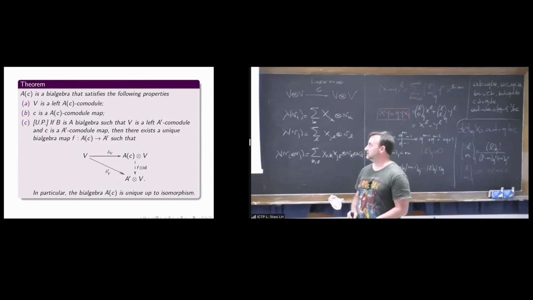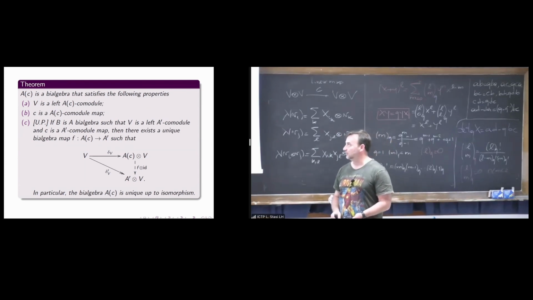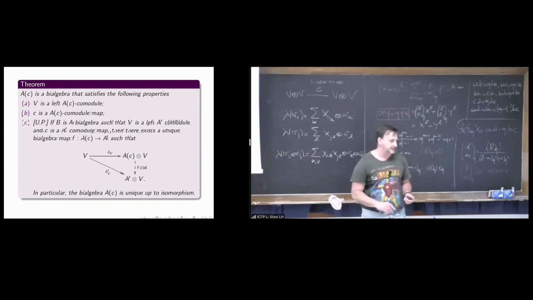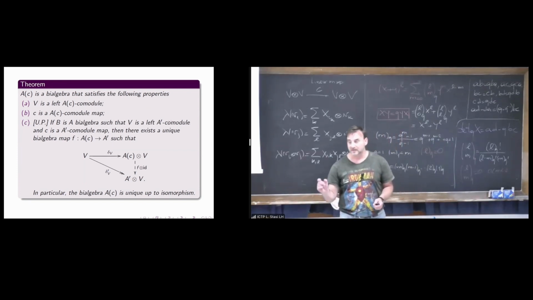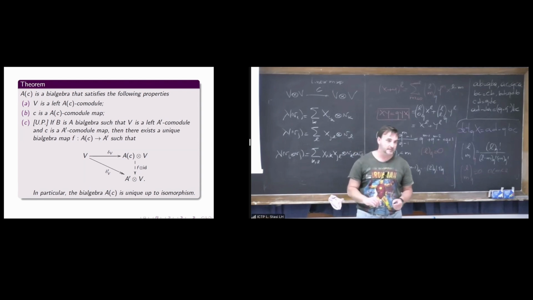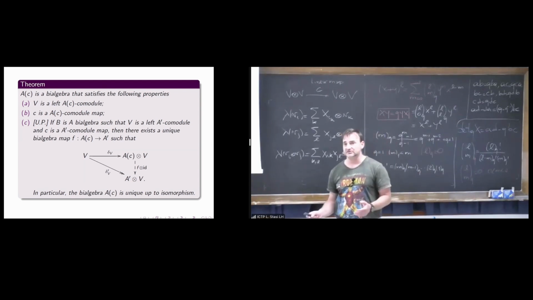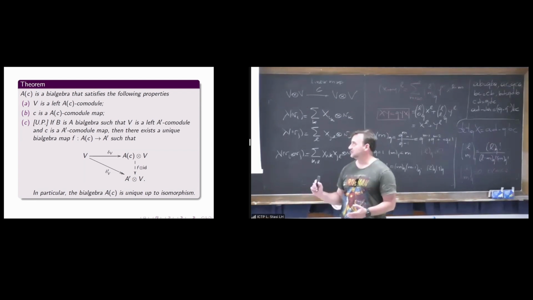So the theorem is: one can always construct the algebra like that, and one can prove the following. It's a bialgebra, always a bialgebra. The V, our very general vector space, is an A-comodule. The map C is a comodule map, and it has the following universal property. Why is it important to have a universal property? Because every time you have a universal property, your element is unique up to isomorphism.